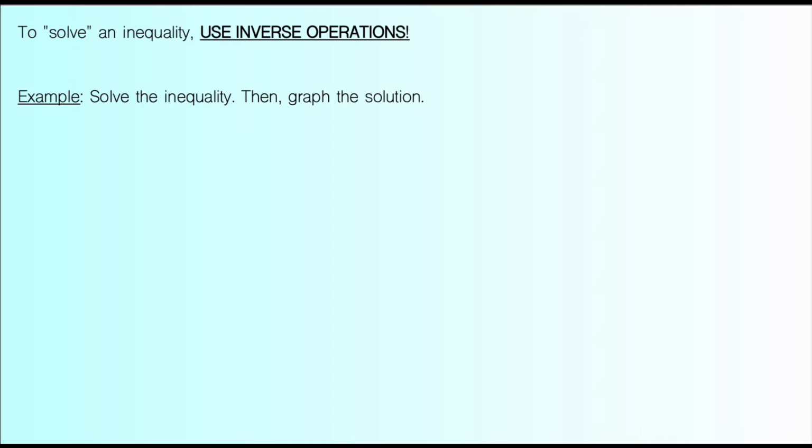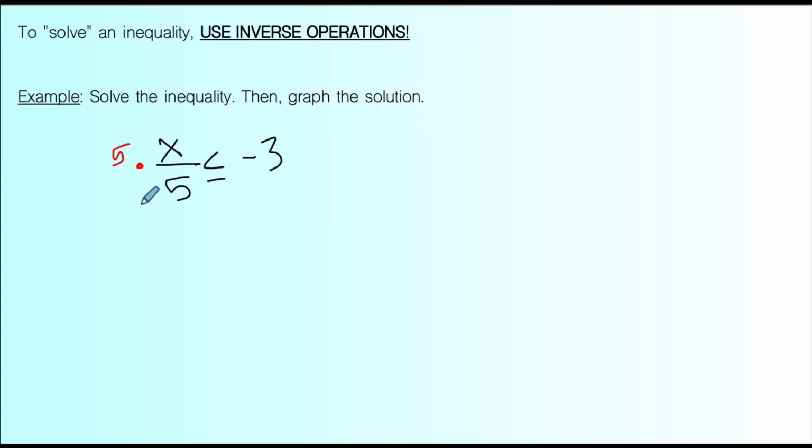For this first example, it's going to be one similar to what we looked at yesterday. We're going to have x divided by 5 is less than or equal to -3. So to solve this, what you really need to pay attention to when you are solving inequalities is what inverse operation you are using. In this one, my inverse operation is to multiply by +5.